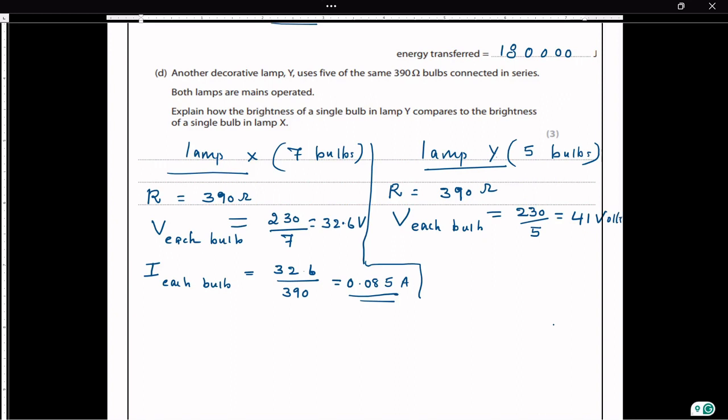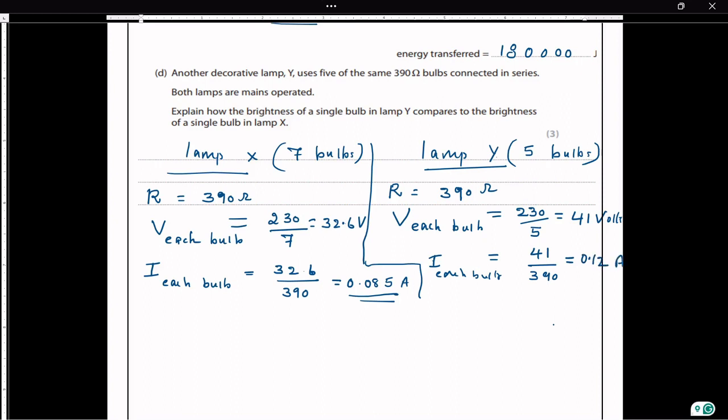So what is the current passing through each bulb? Current passing through each bulb is the voltage 41 over the resistance 390. This is giving a current of 0.12 amperes.